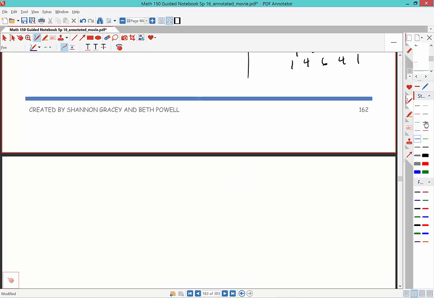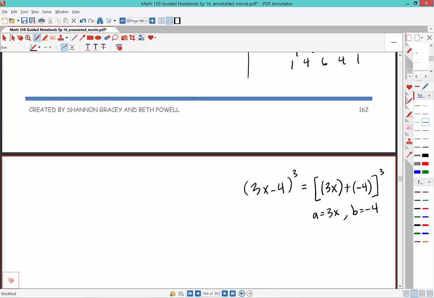So therefore, 3x minus 4 cubed could be written as 3x plus negative 4, the quantity cubed. So your a would be 3x and your b would be negative 4.